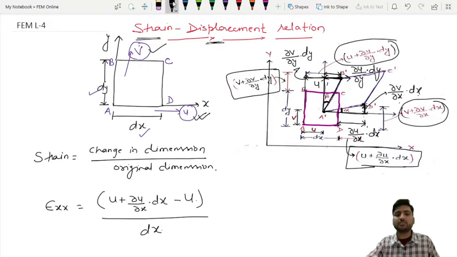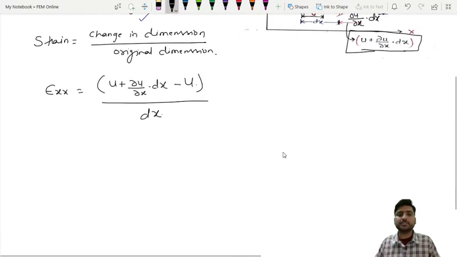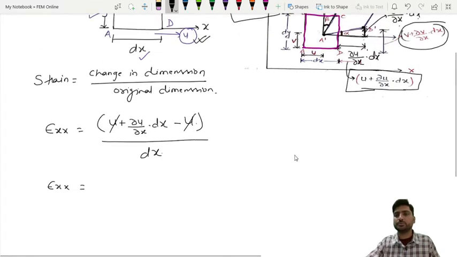So if you calculate it, you can find epsilon xx will be, this u and u will cancel out. This is u plus del u upon del x into dx, minus u, so you get from this point to this point the final one, upon dx, the original span.